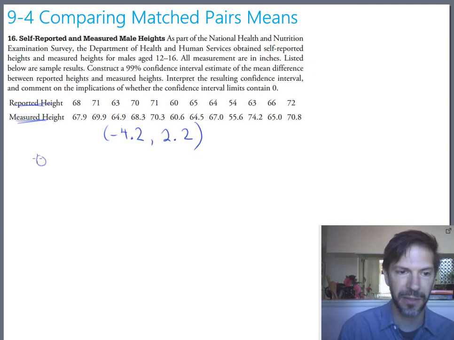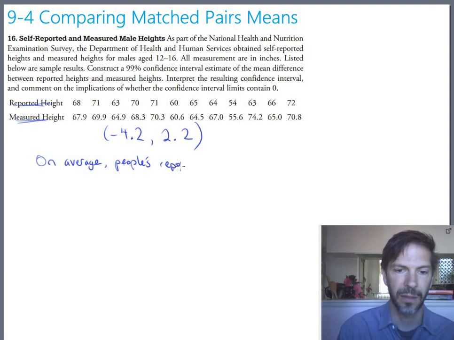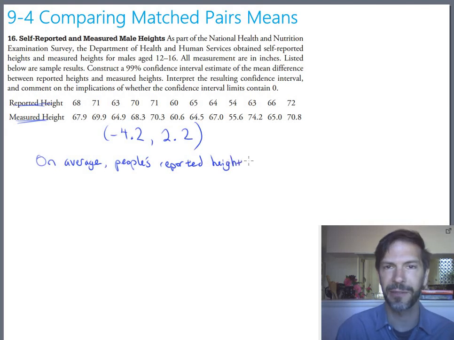So you can say something like, on average, people's reported height, and keep in mind we want to make this sentence as user-friendly as possible, so I'm going to round even a little bit more here.